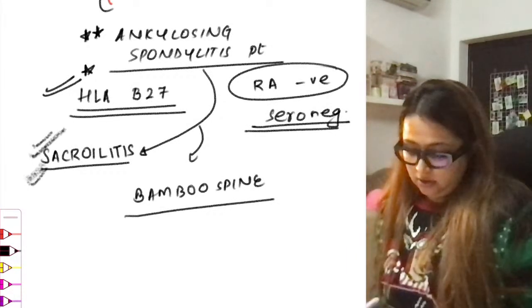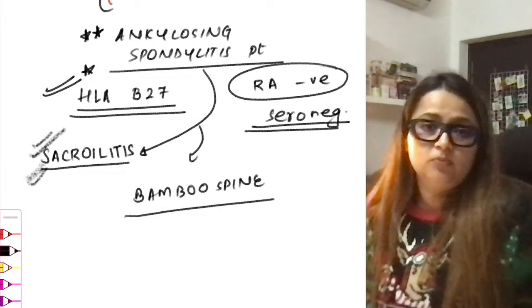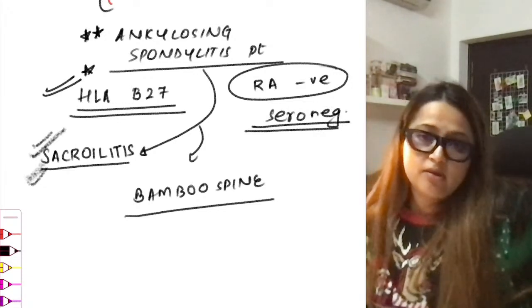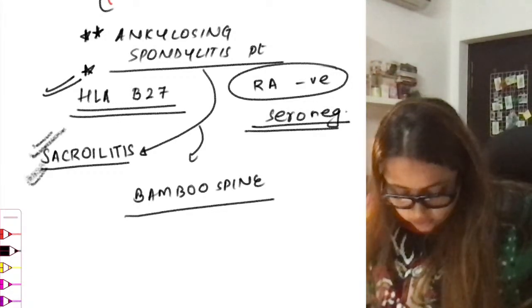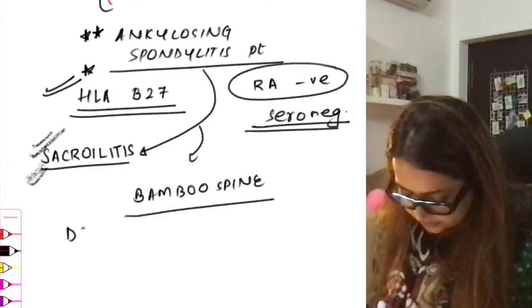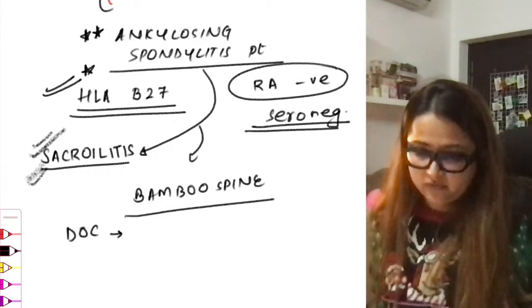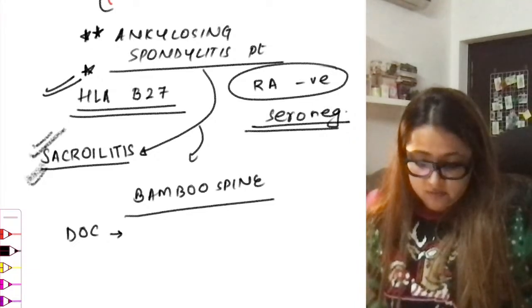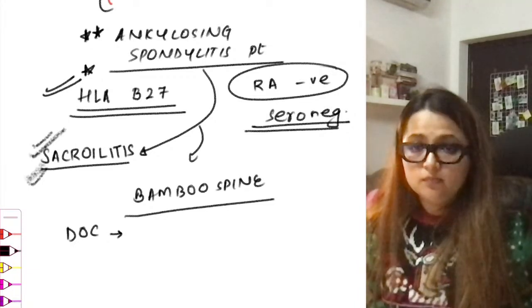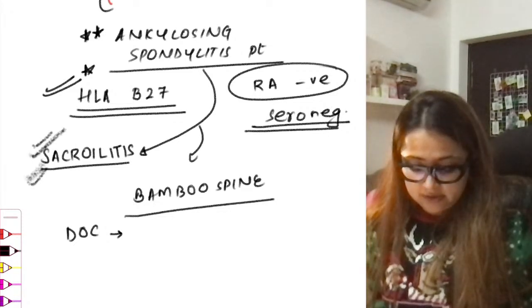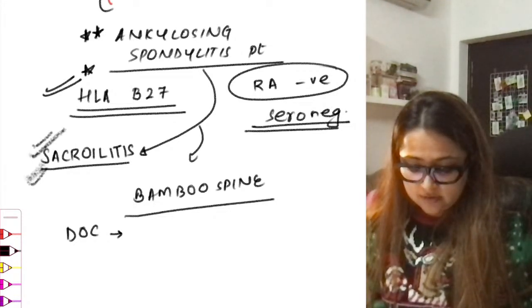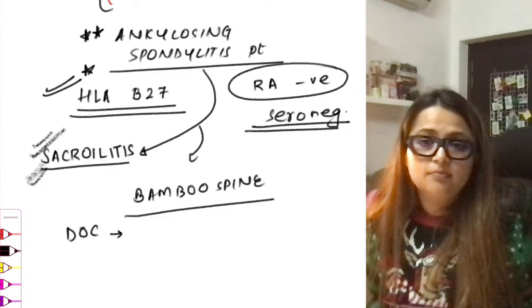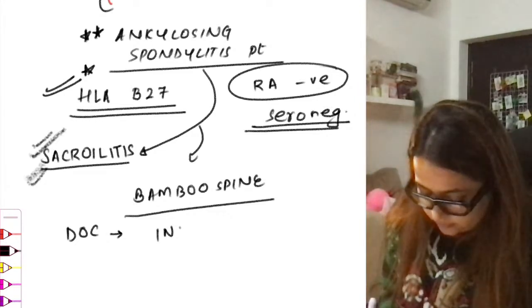Now, the purpose of me telling you about ankylosing spondylitis is that we have a drug of choice for it. What is the first preference you would think about in the treatment of a patient with ankylosing spondylitis? What is the first thing that comes to your mind? The drug of choice is indomethacin.